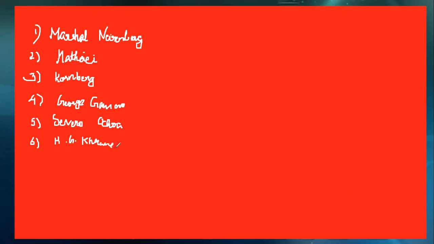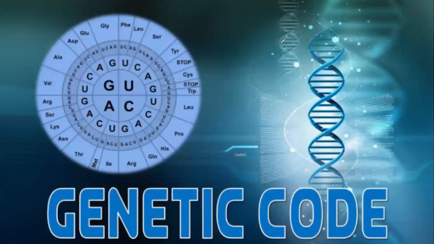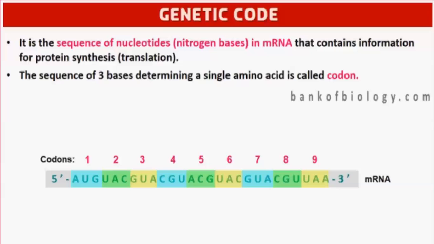So all these scientists together decoded the genetic code: Marshall Nirenberg, Matthaei, Kornberg, George Gamow, Severo Ochoa, H.G. Khorana. All these scientists together decoded this genetic code.